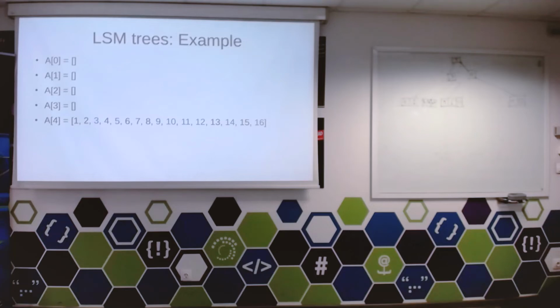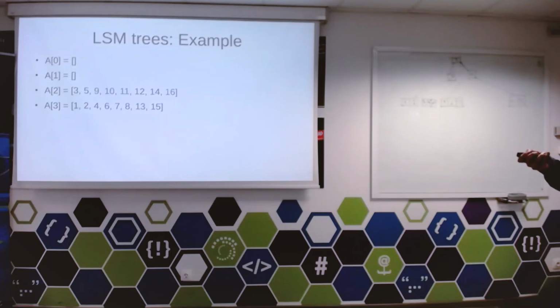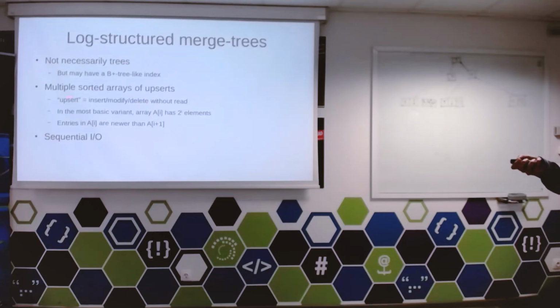What is this used for? So you want to use this for when you're processing lots of data and you want to somehow aggregate it or merge it or whatever. So when almost all of your operations are upserts, like insert, modify, or delete without reading the value, and you have very few reads compared to the number of writes.